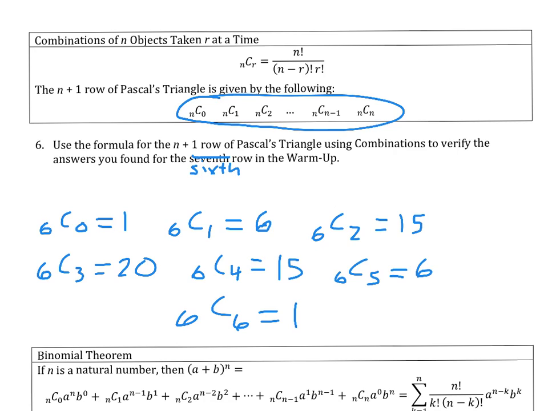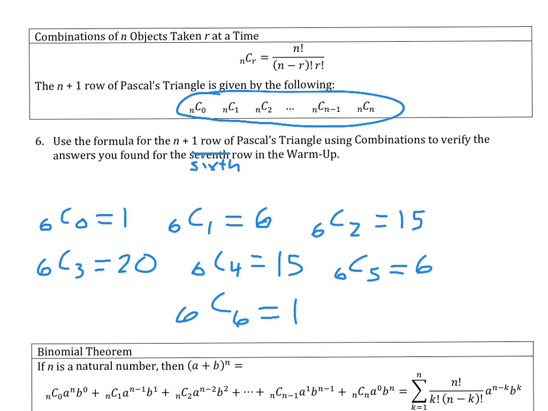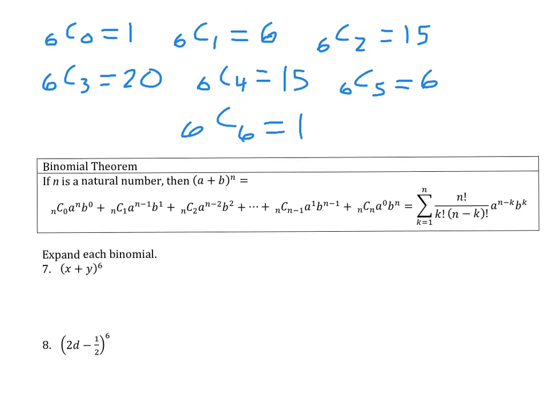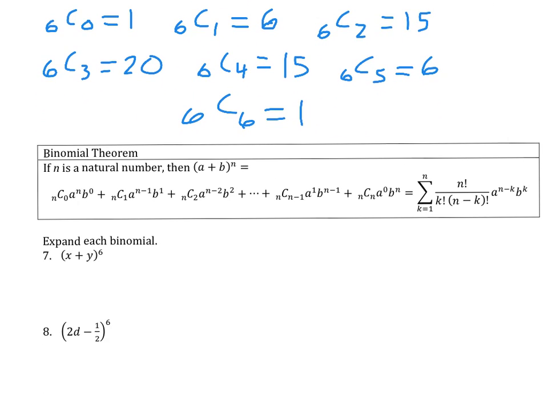So we're going to try that. This is a good method when the exponent is big and you don't want to do every single row from row 0 up until whatever exponent you have. Alright, so we're pretending we don't know that row 6 is 1, 6, 15, 20, 15, 6, 1.